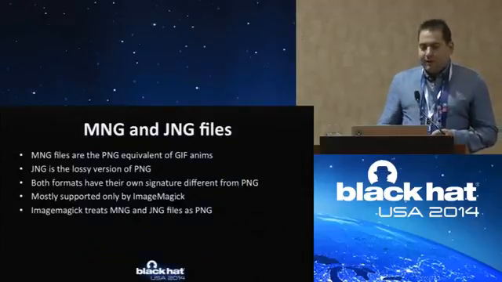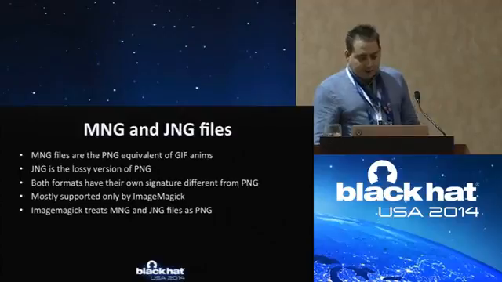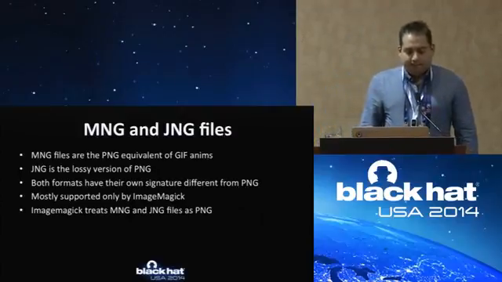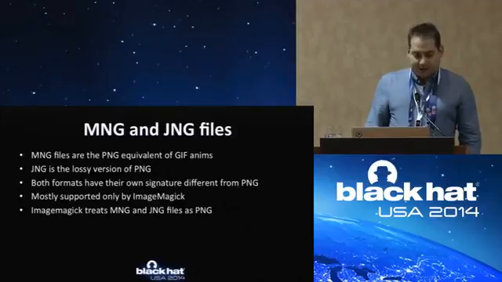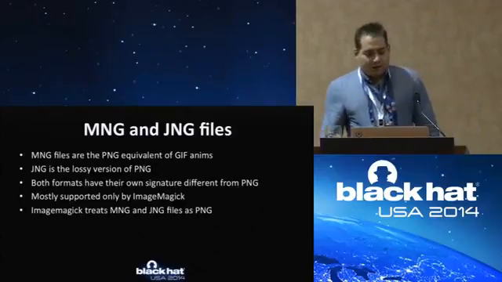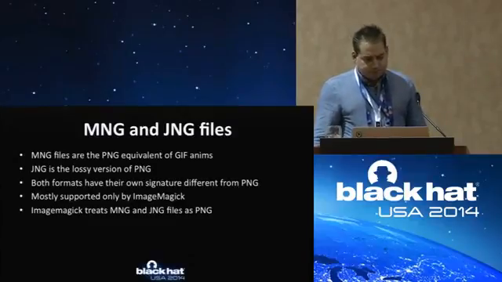And then you also have variations of the PNG format, which are called MNG and JNG. MNG files are basically the GIF animations of PNG, that's animated files. And JNG is the lossy version of PNG, that's basically JPEG in PNG.